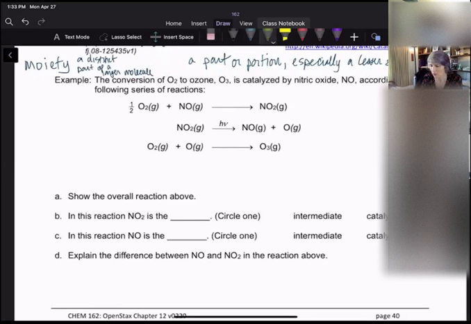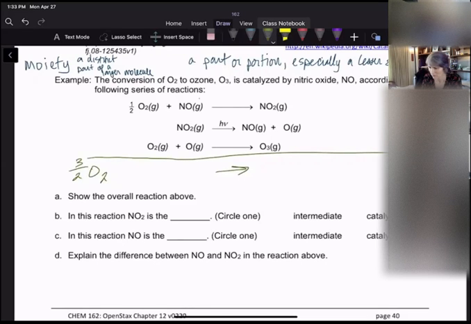So for the overall equation, we're going to add these together. That's it. If we see it just written out like that, and we're not told one of the things is a catalyst, how would we distinguish it from an intermediate? Yeah, we can tell by looking.